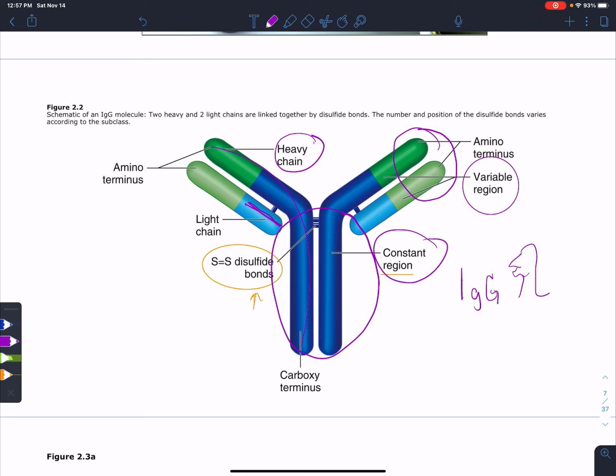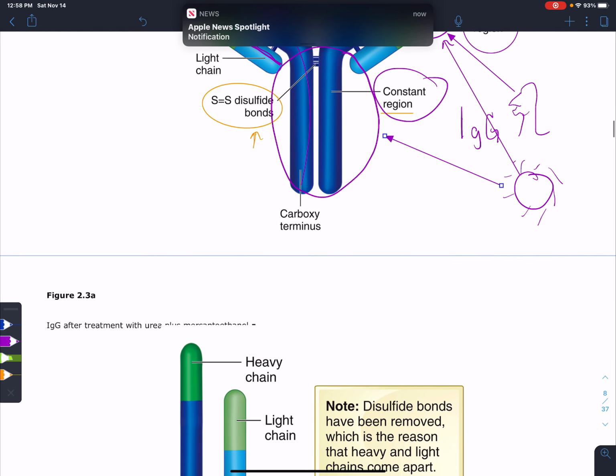The part that's going to be different is here. Okay. So between our chickenpox and our coronavirus, this area right there will be what's different. When we talk about the constant region there, that's going to be the same.